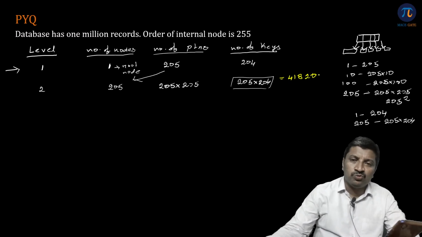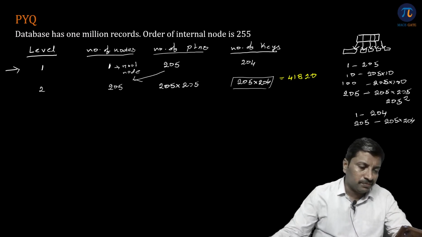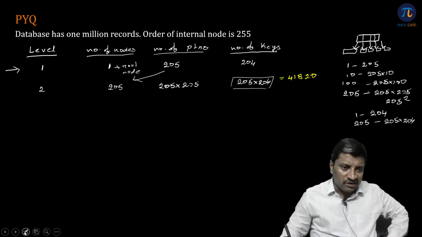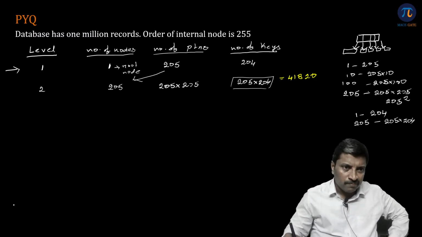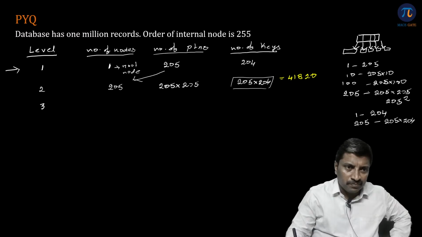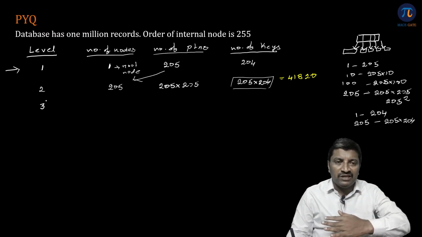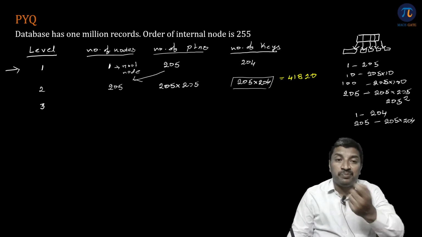So compulsorily I need to move to the next level. I don't have a choice. So let's move to the next level. Level 3. How many nodes will we have? The nodes in this level are equal to the number of pointers in the previous level.